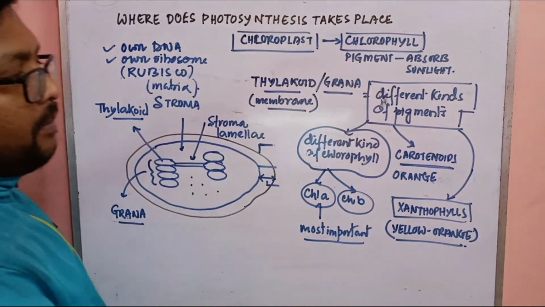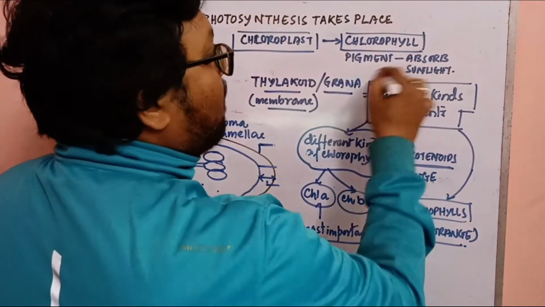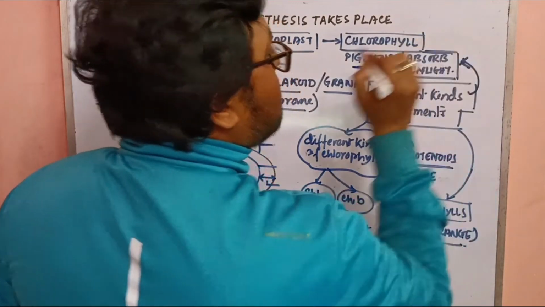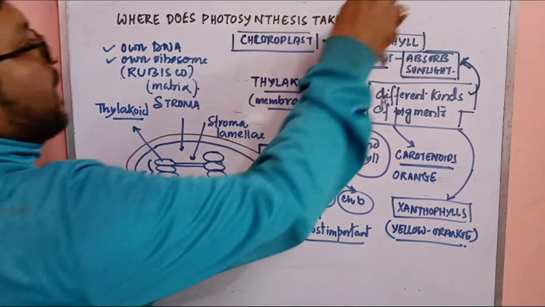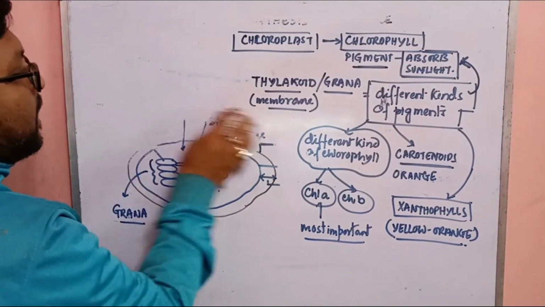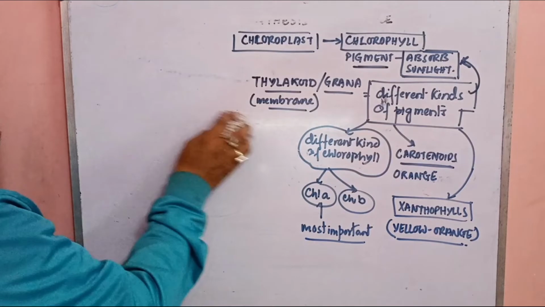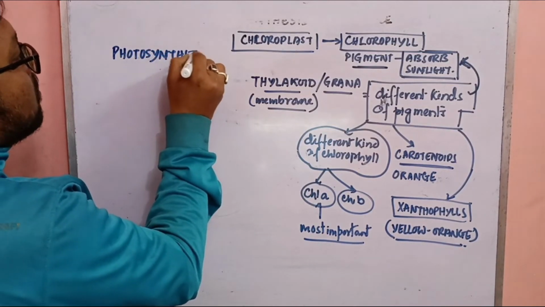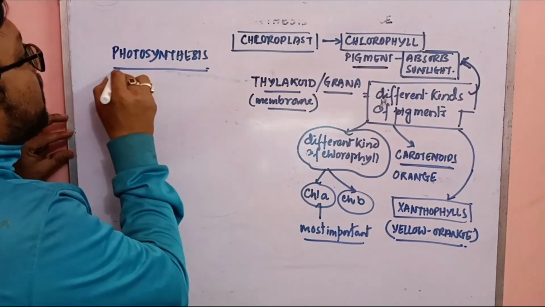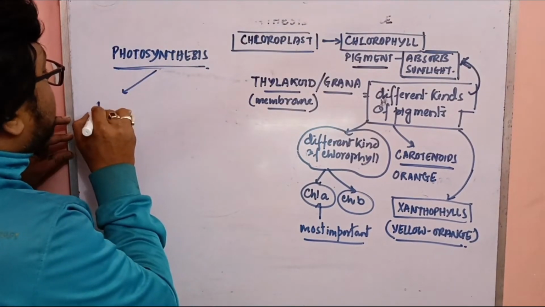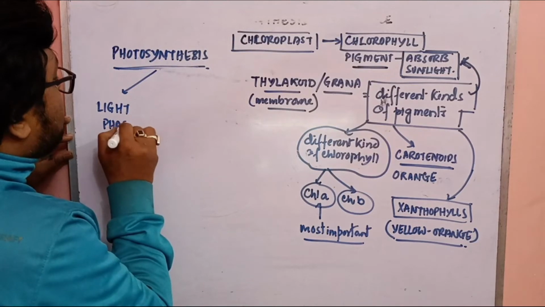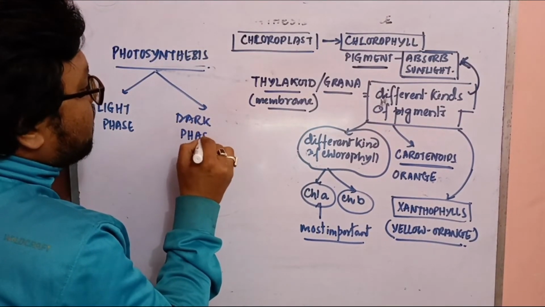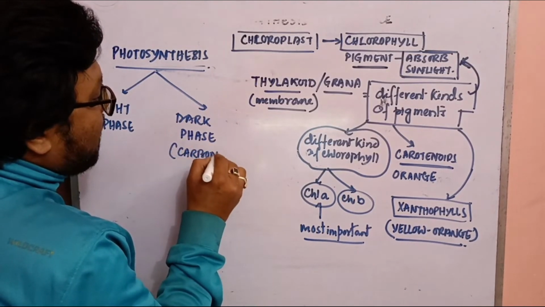Okay. Now if we see, what is the function of this chlorophyll or these pigments? Their function is to absorb sunlight. Here I'll also tell you that if we discuss later on, then we'll find that it is very surprising that photosynthesis has two different phases. What are those phases? One is the light phase, and the other one is the dark phase. It is also known as the carbon reaction phase.